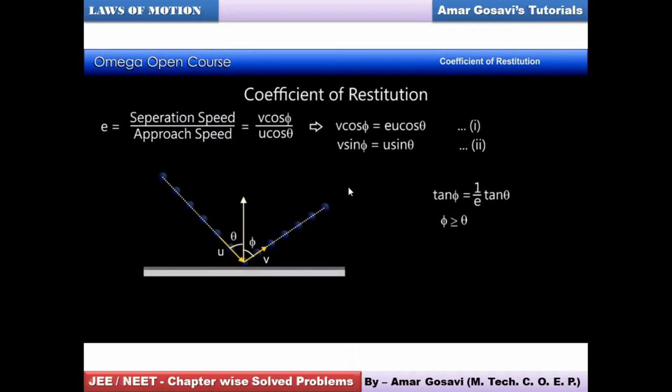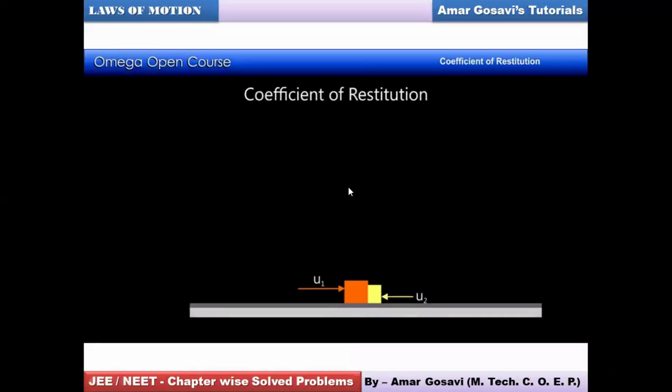Let's talk about coefficient of restitution in this case. There are two blocks. One is moving towards the right with initial velocity u1. The other is moving towards the left with initial velocity u2. Obviously, they're moving on a horizontal floor, and it's a collision.